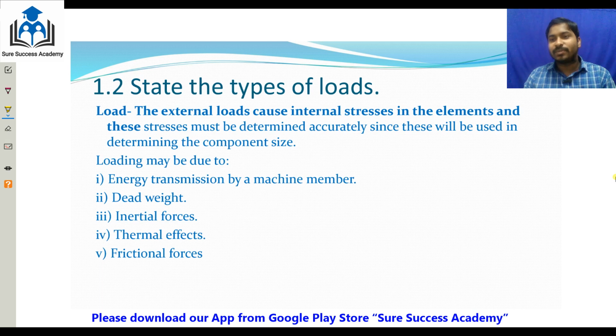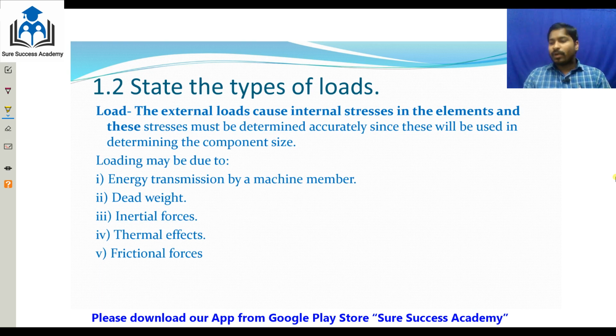Due to change of temperature, some load is experienced on the machine element, or lack of balance of the moving parts. Due to the unbalance of the machine parts, load is experienced in the machine elements. So there are many types of loads, but before that, the different forces acting on the machine part produce various types of stresses. Okay, we will discuss some of these in this chapter, so no problem.